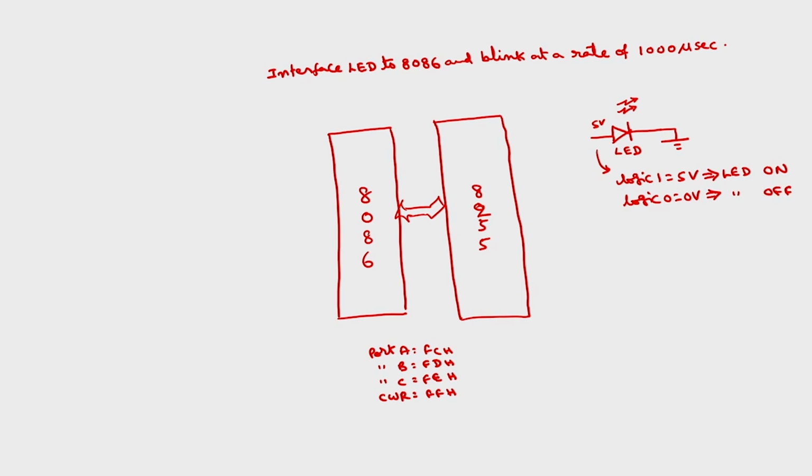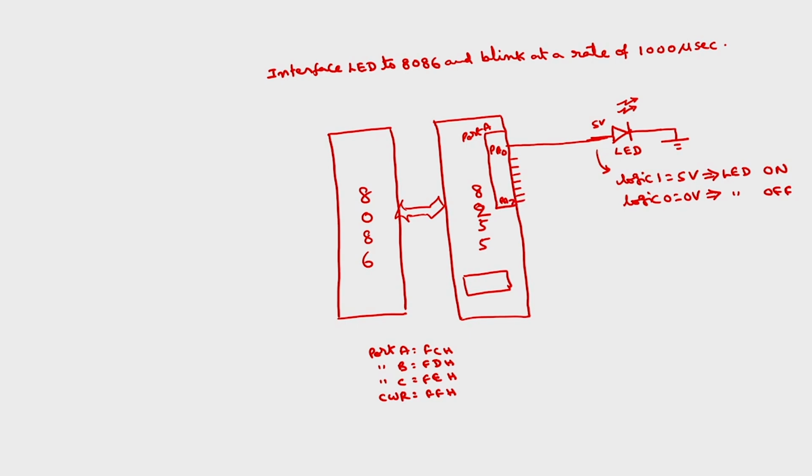Then in order to connect this, we know that 8255 has 3 ports, port A, port B, port C, and inside we of course have the control register. I need only one port bit, so you can connect to any port. Suppose I connect this to PA0 of port A. I have this entire port A, in which we have PA0, PA1, PA2, PA3, PA4, PA5, PA6, PA7.